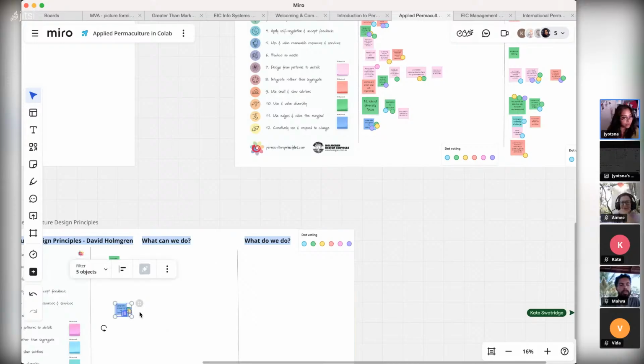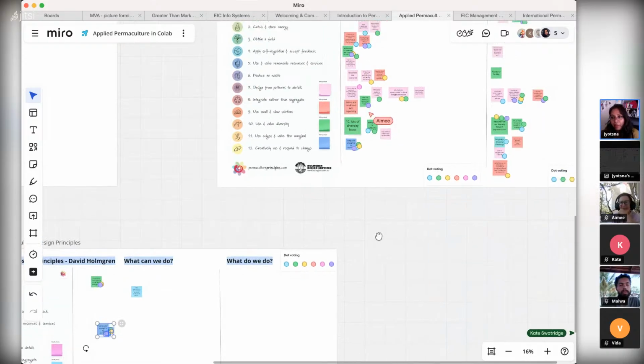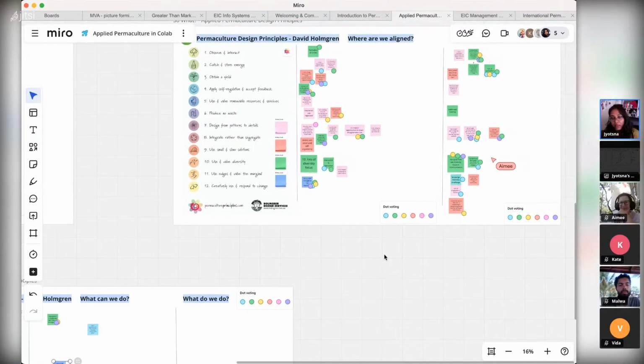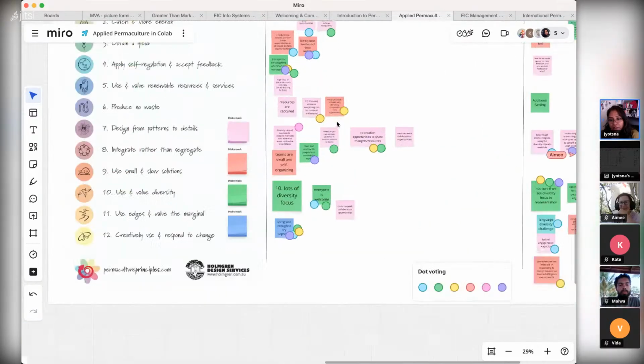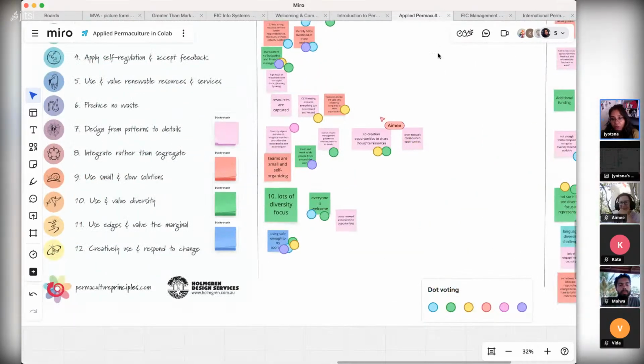I don't want to be the only person talking. I invite you to unmute yourself and talk to everybody about what you are noticing as some of the patterns. I'm bringing all the things that I'm seeing as multiple dots on them.